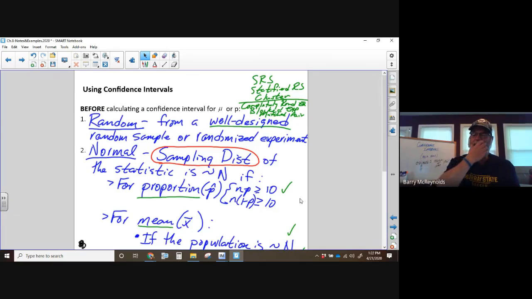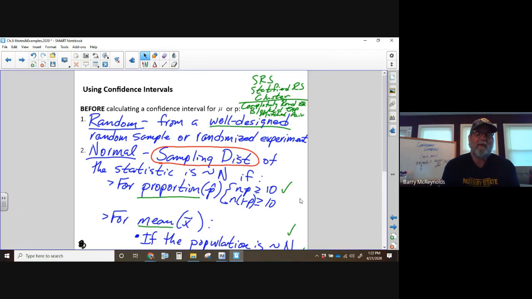Okay, so now let's take a look at the conditions for inference. I'm certain you'll see this on your exam, probably in both questions. You'll see a statement like, assume conditions for inference are met.